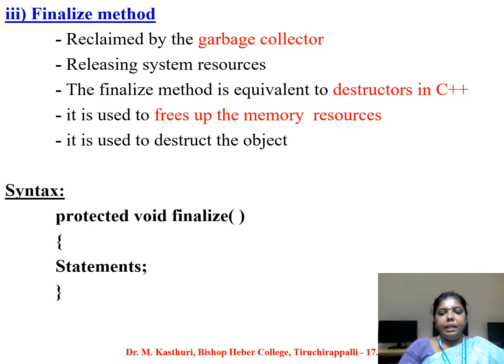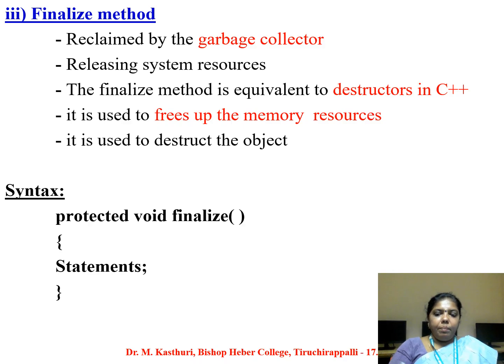Next, how to create a finalize method. Final method and finalize method are both different. If you create a method as a final method, what is available in this final method cannot be changed, but the finalize method is different from the final method.